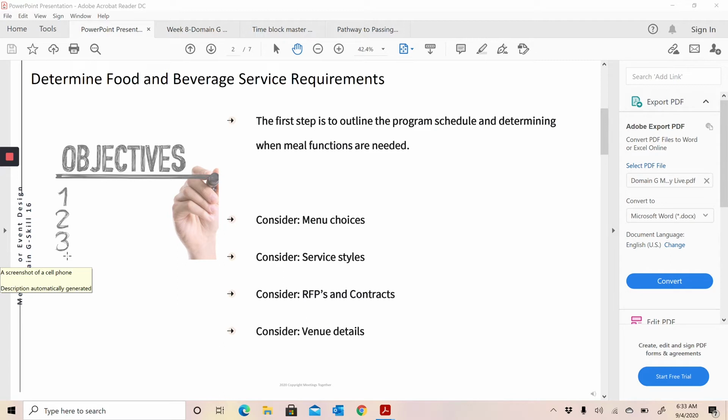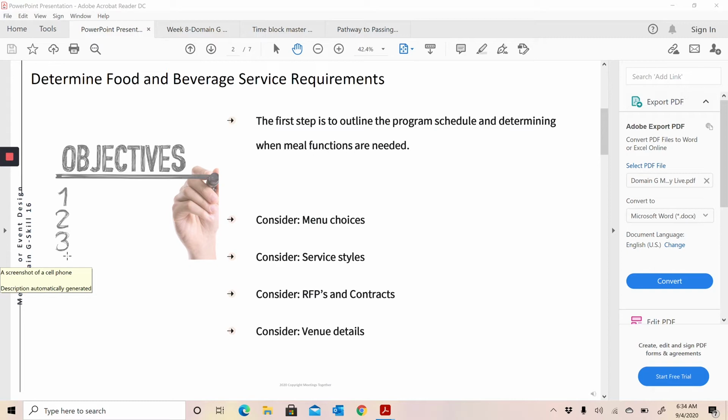Consider RFPs and contracts. As we're talking about RFPs, we want to remember that we have to send it to at least 3 different suppliers so you can get an idea of what's going on in the marketplace and what's out there. And then contracts, you want to remember the 2 different kinds of comparing bids, like the low bid and the value bid.